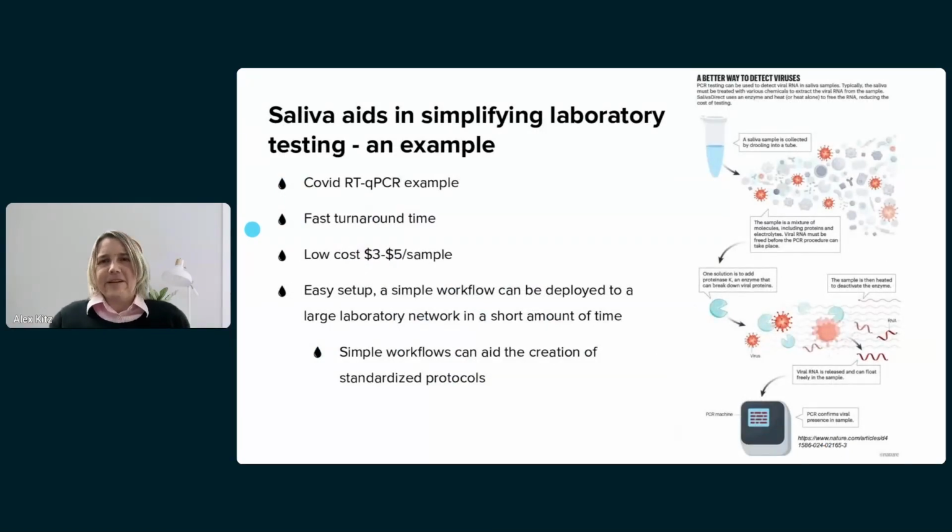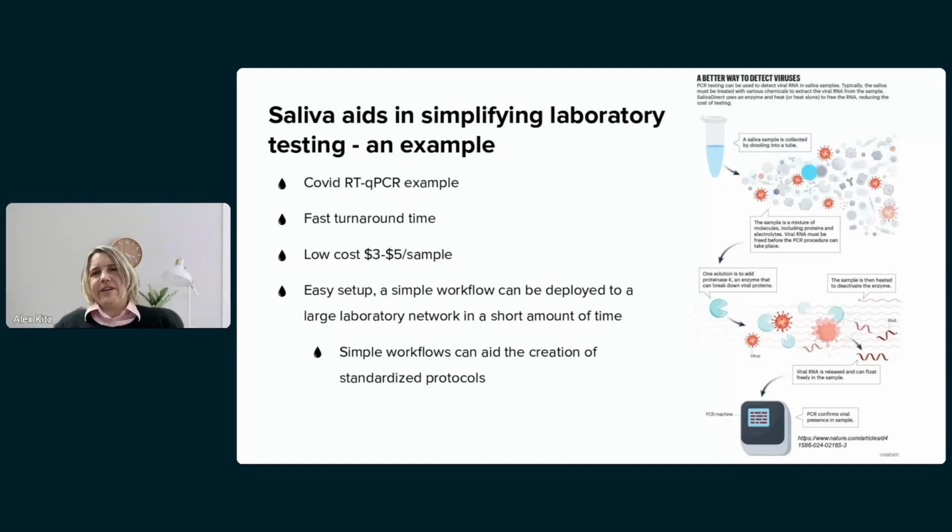This is an example now of how we and others used saliva to simplify laboratory testing processes. It's a COVID RT-qPCR based test, and you can see on the right-hand side here, again, we have saliva, which has a lot of molecules in it with its antibodies, cells, and everything. And in red, we highlight the SARS-CoV-2 virus.